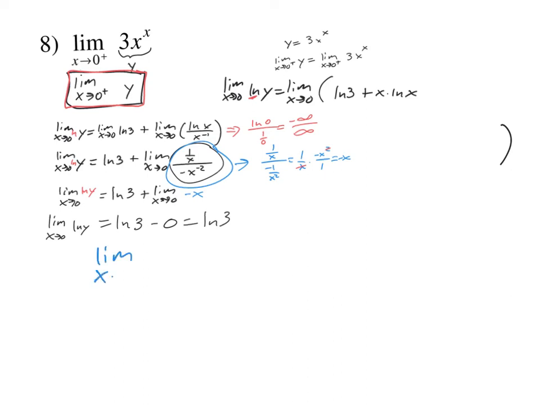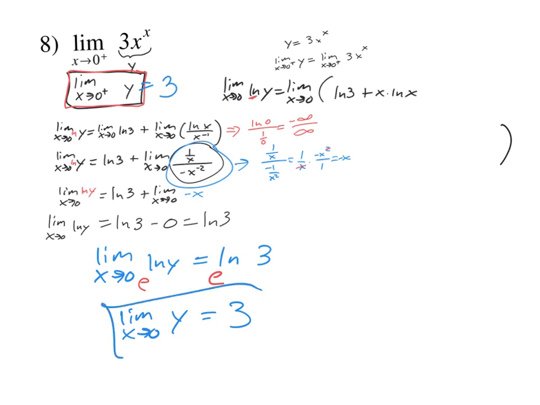So the limit as x approaches 0 of the natural log of y equals the natural log of 3. Remember, I don't want the limit as x approaches 0 of the natural log of y. I want it of just y. So let's go ahead and raise both sides to e. And we would have the limit as x approaches 0 of y equals, well, e to the ln of 3 is just 3. And so we found our answer is just 3.